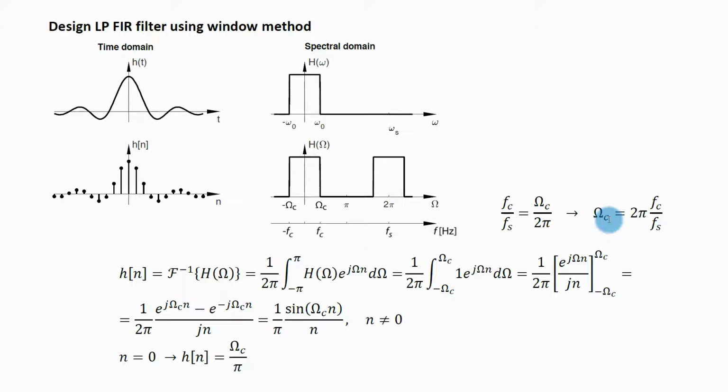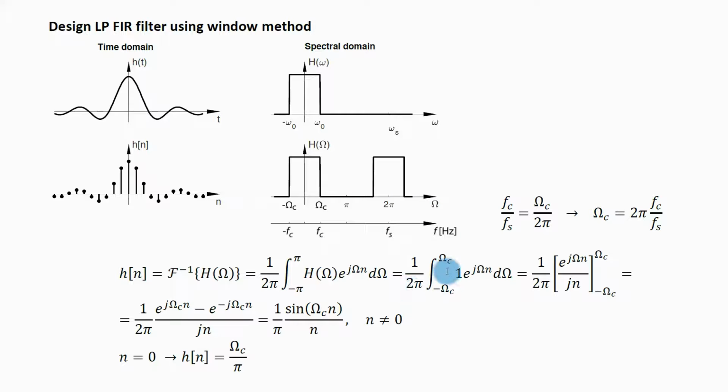With this taken care of, we can go back to computing our impulse response. So I need to take this frequency characteristic and take the inverse discrete time Fourier transform to get my impulse response. I have that here. This is the definition integral of the inverse discrete time Fourier transform with this frequency characteristic substituted.